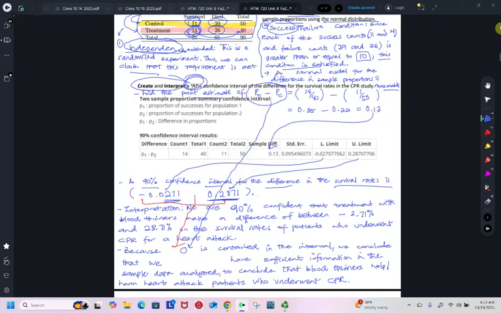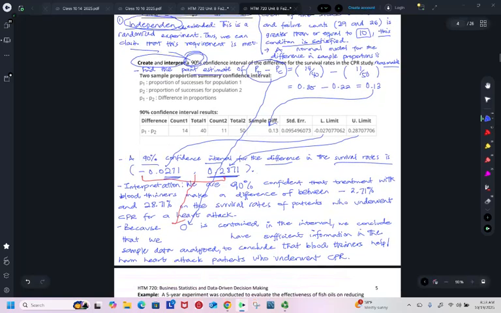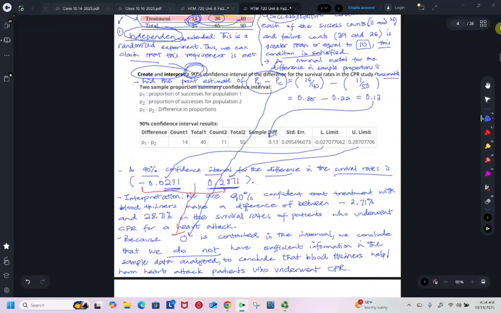So because zero is contained in this interval, we conclude that we do not have sufficient information in the sample data analyzed to conclude that treatment with blood thinners helps or harms heart attack patients who underwent CPR.